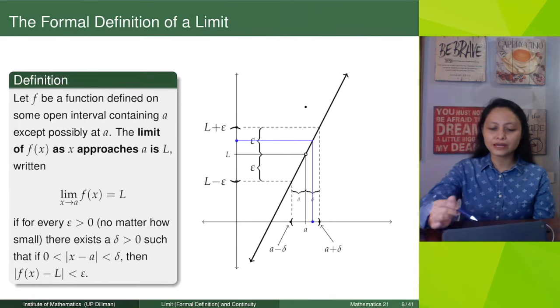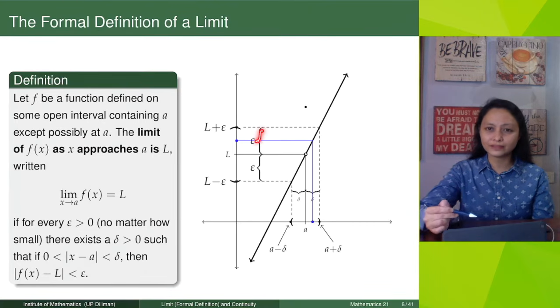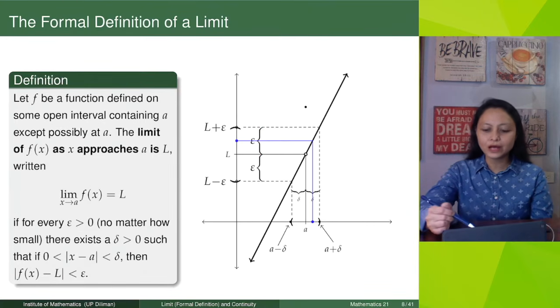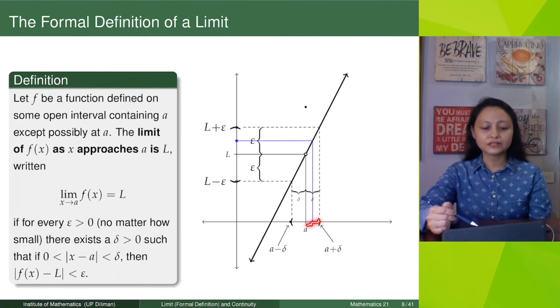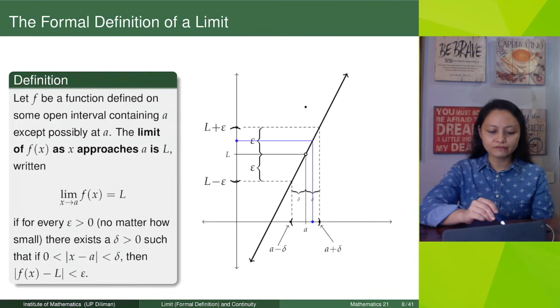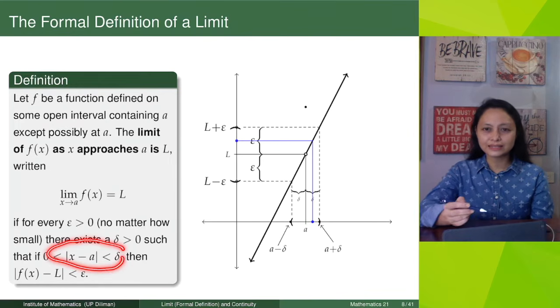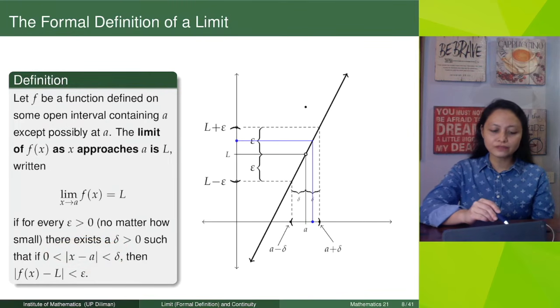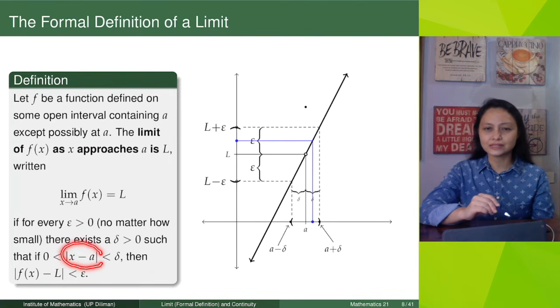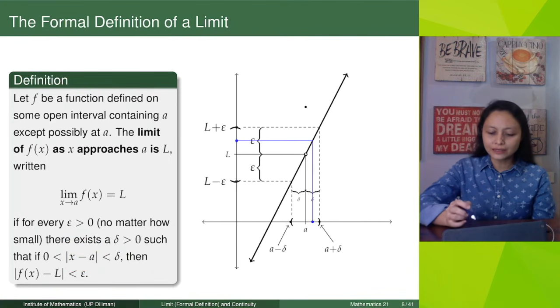So, for every epsilon greater than 0, no matter how small, we can find a delta also greater than 0 such that if the absolute value of x minus a is less than delta, remember absolute value of x minus a is the distance of x from a, meaning your x is within this interval. Say this is your x.